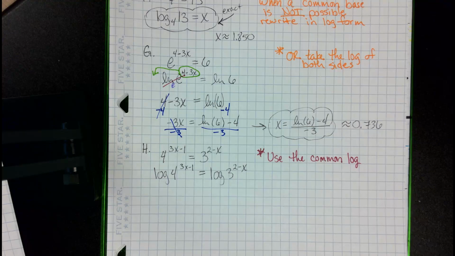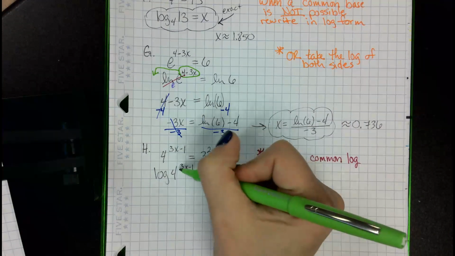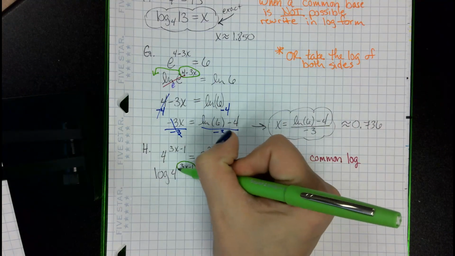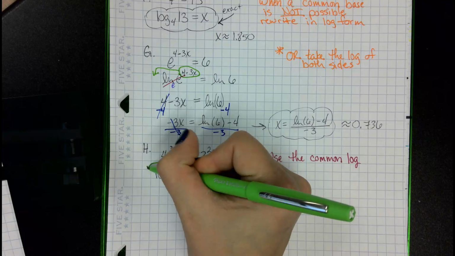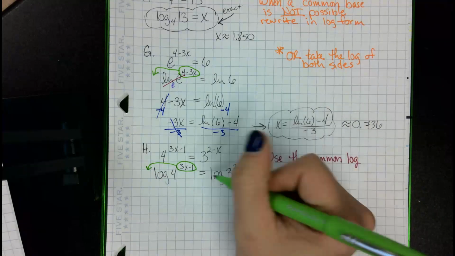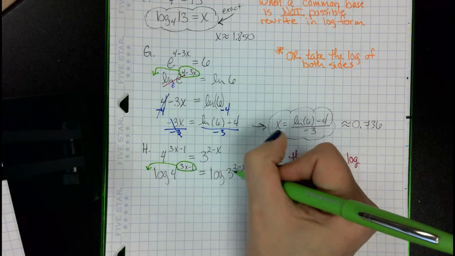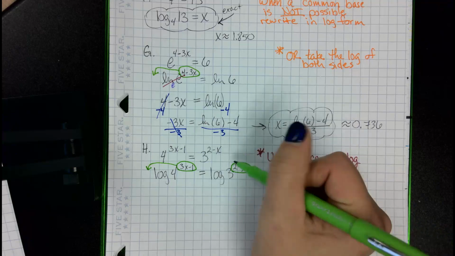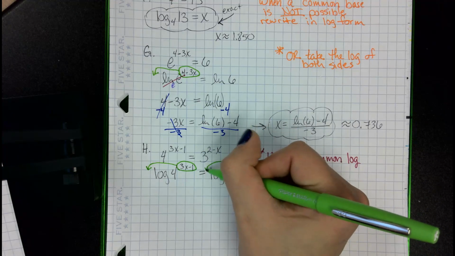And then properties of logs tells me I can take the exponent and move it to the front for both of them. I can do it for the log 4, and I can do it for the log of 3 also. Move its exponent in front of it.